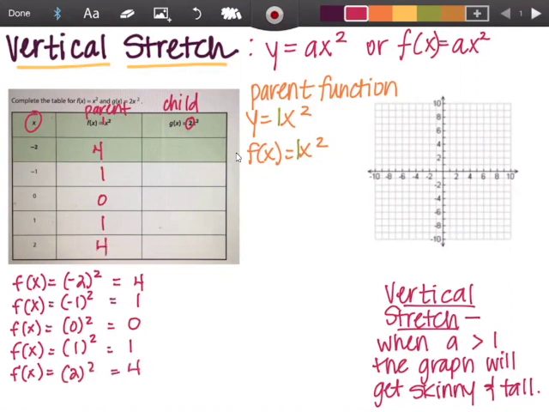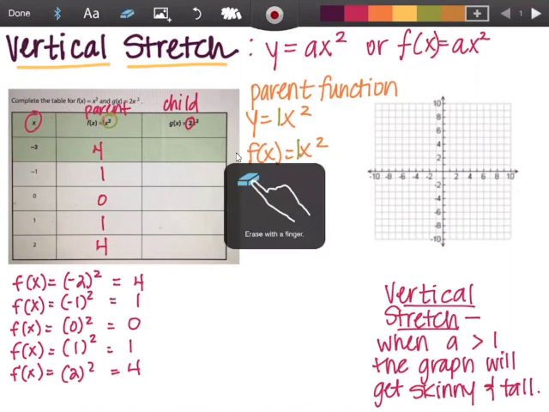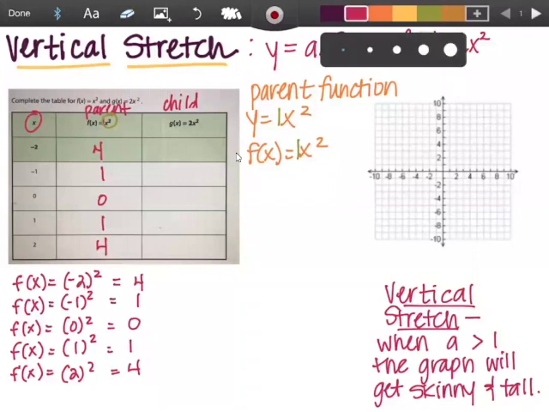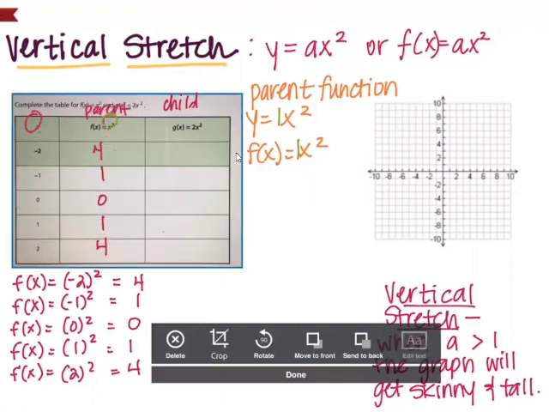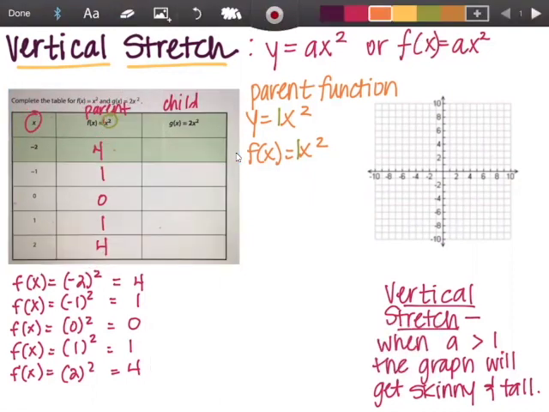All right, so if we know that this is what f of x equals, and we know that our child function is 2x squared, then that means I am going to multiply 2 to each one of my terms, because that's where that 2 comes from.